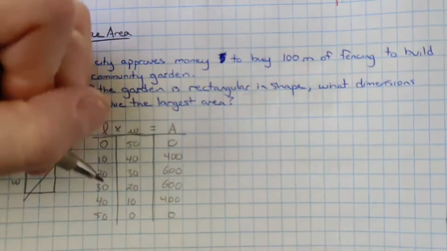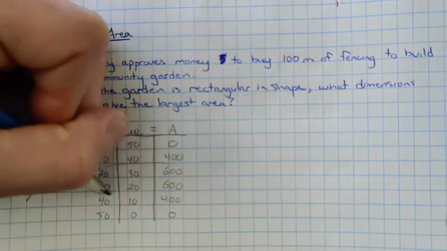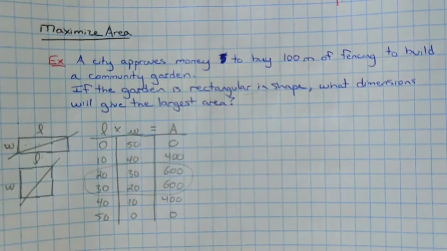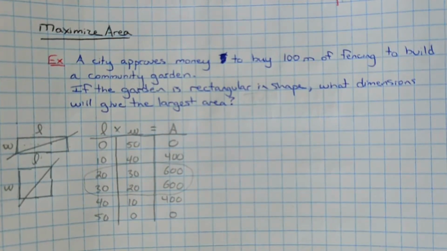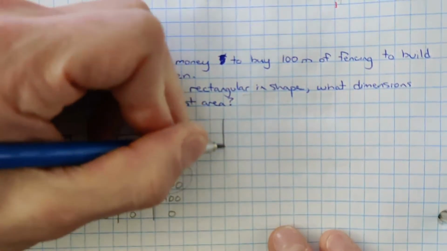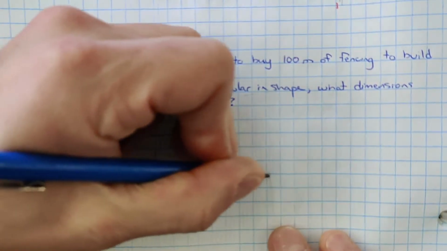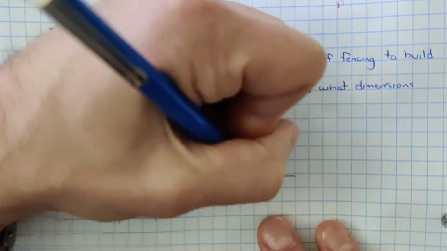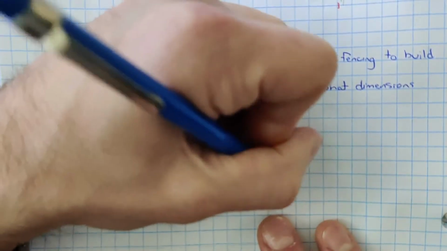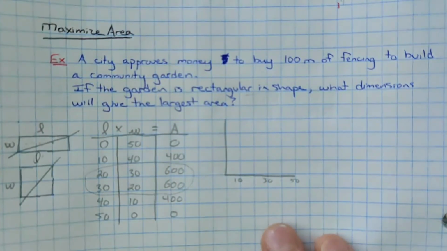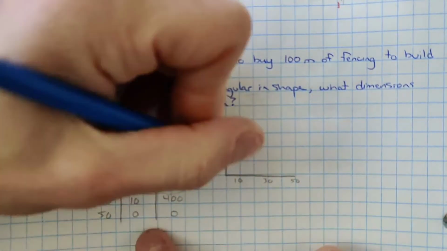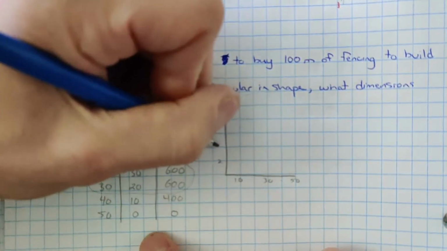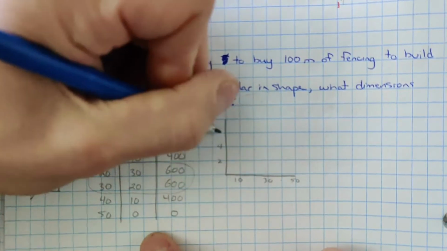And we can see these seem to be giving us the largest dimensions. Now, if we were to plot this, I'm just going to do 10, 20, 30, 40, 50, and then some hundreds here, so we'll do 200, 400, 600.